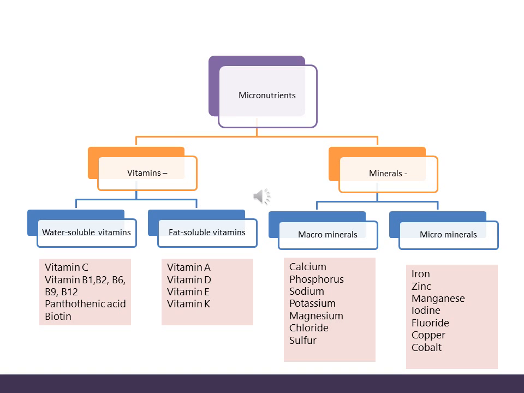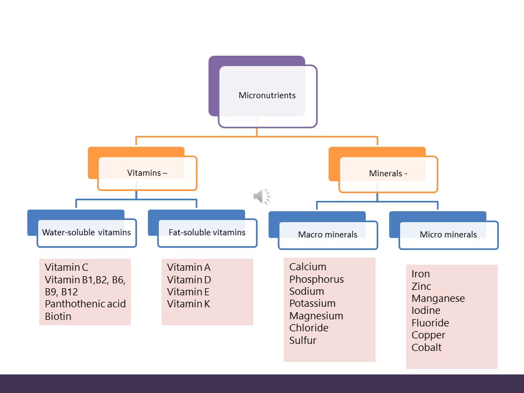For example, vitamin C is very common among fruits, like oranges, citrus, and other fruits. The same goes for vitamin A up to vitamin K. All of these vitamins are present in fresh foods, vegetables, and the daily food that we eat.